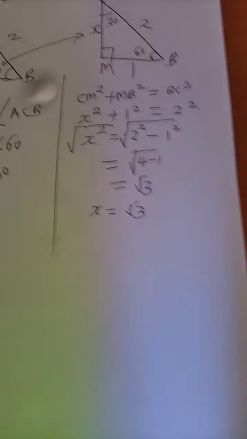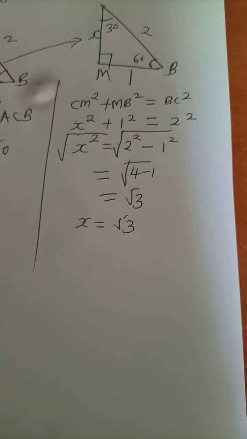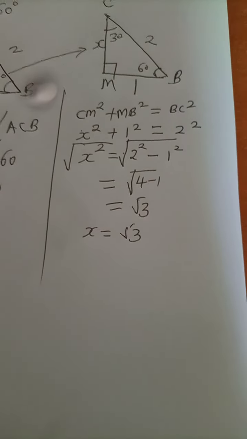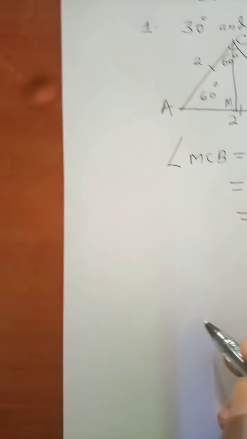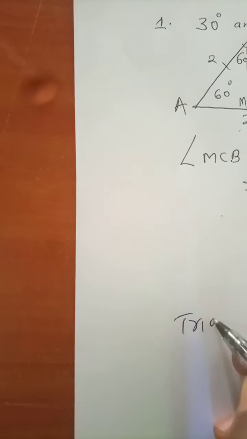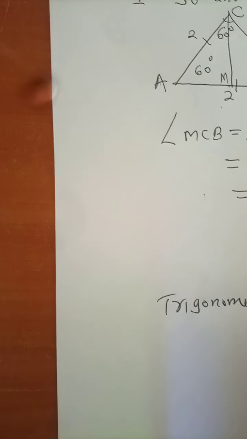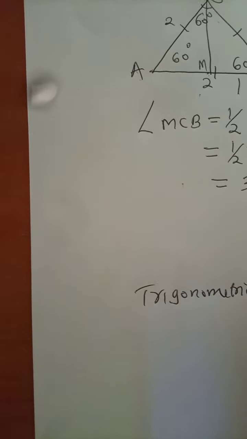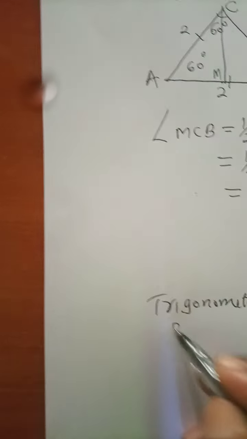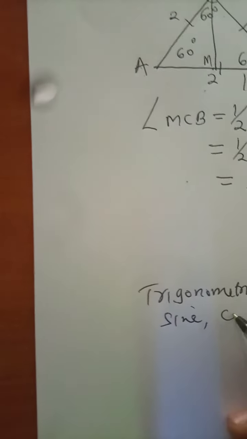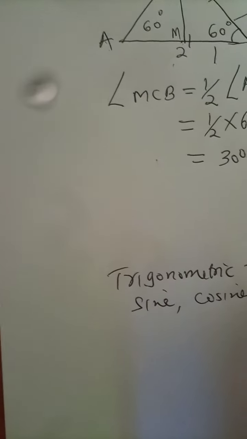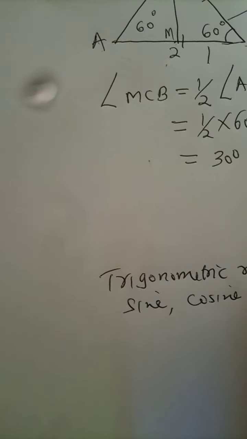So how do we find the 3 trigonometric ratios? We have 3 trigonometric ratios, that is sine, cosine, and tangent.